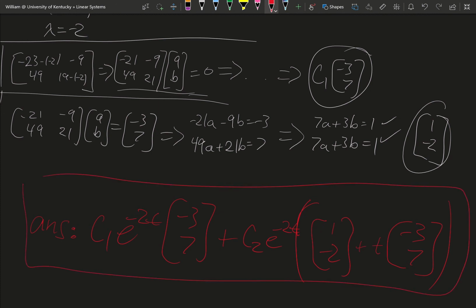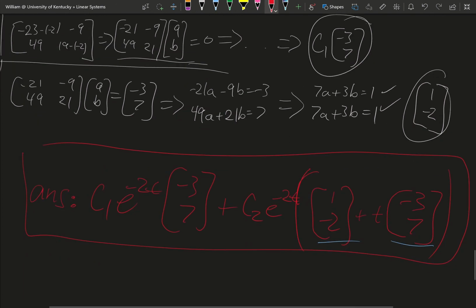And that's our answer. One thing to note here: normally you can rescale your eigenvector. The only thing to be careful of is where this C2 is. We could rescale this, but if I rescale this one, I also have to rescale my generalized eigenvector as well.